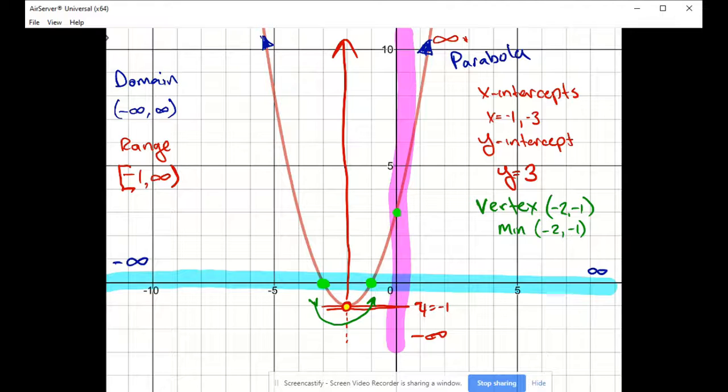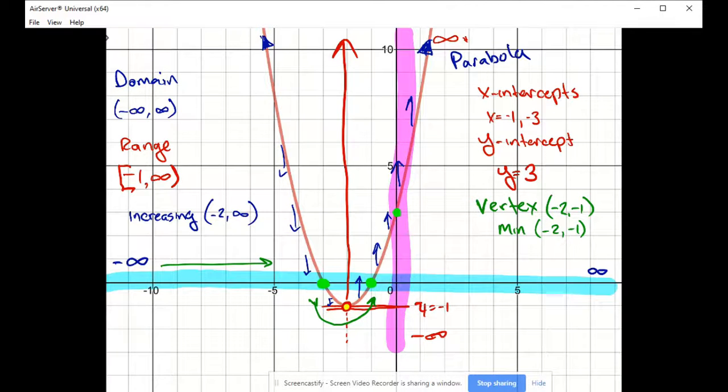It's also our point where, as we go from left to right, if we look at what our y values are doing, our y values are decreasing, decreasing, decreasing. They stop at the vertex, and then they start increasing and going on. So our increasing interval is from -2 to infinity.